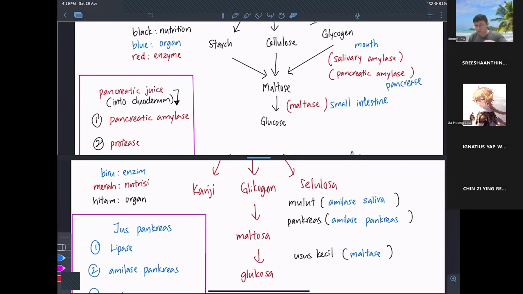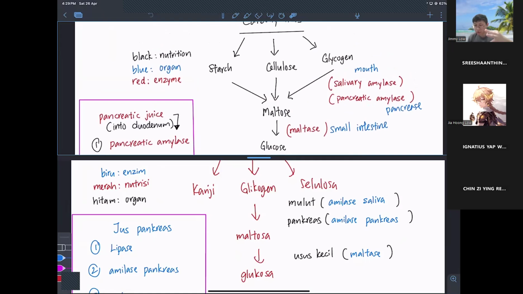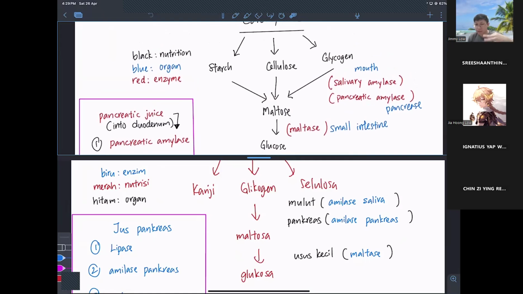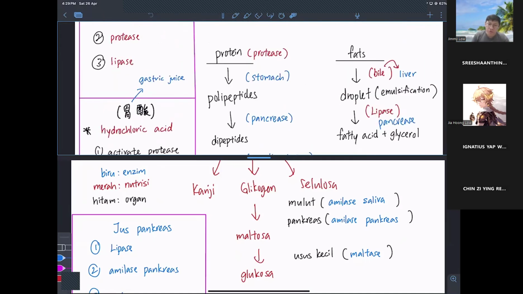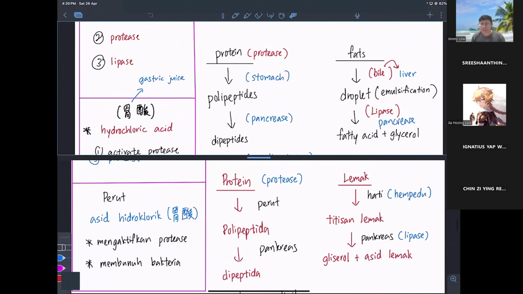So we are only talking about 3 food classes actually. Don't make it complicated. Starch to maltose to glucose. Know the amylase, know the digestive part. And then when it comes to protein, unlike starch, the only enzyme for protein is protease.